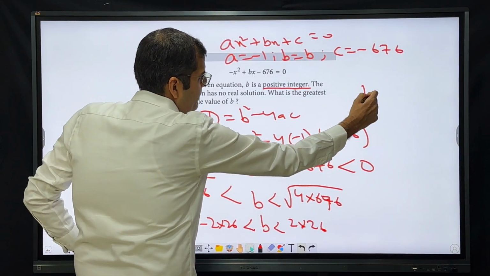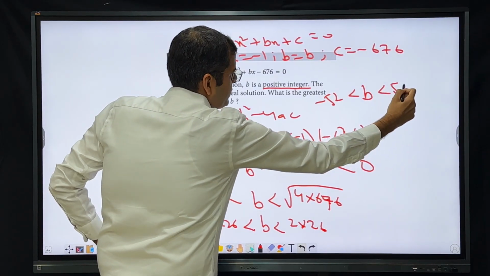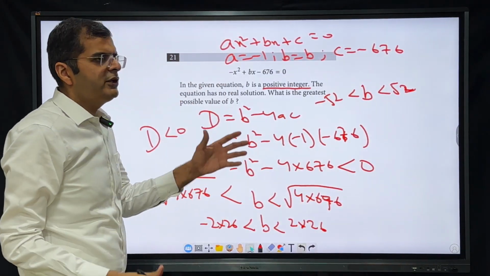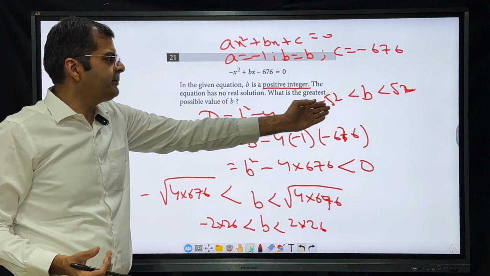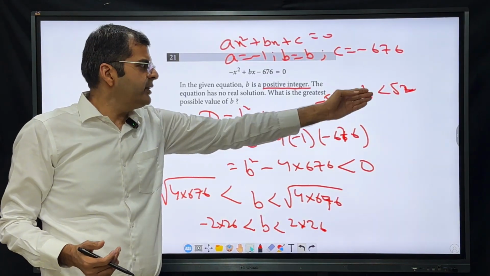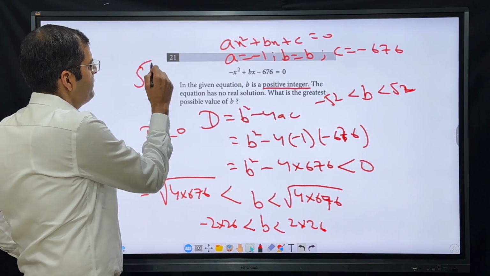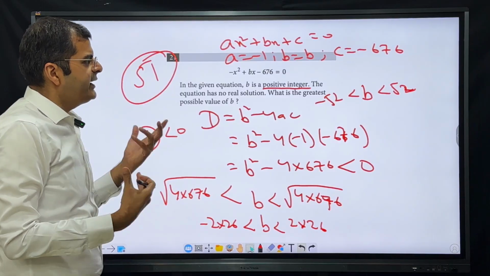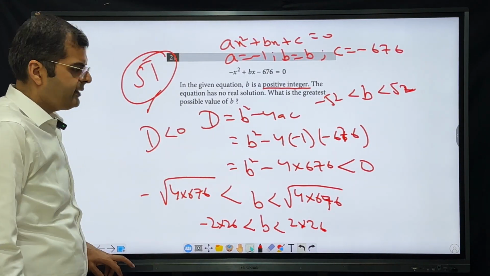That means over here b lies between minus 52 and positive 52, and b is a positive integer. If b is a positive integer lying between minus 52 and 52, what is the greatest value b can have? 51. B being an integer, the greatest value will be 51, and that will be the answer.